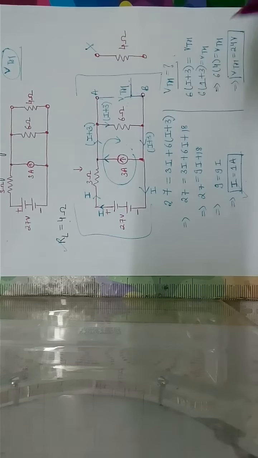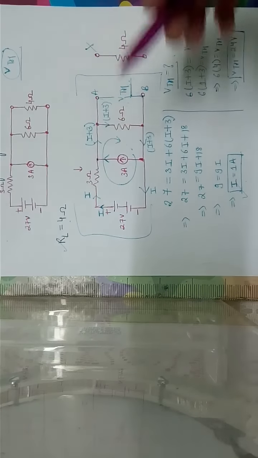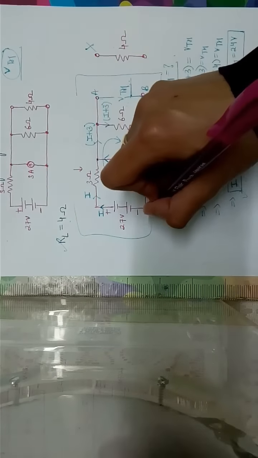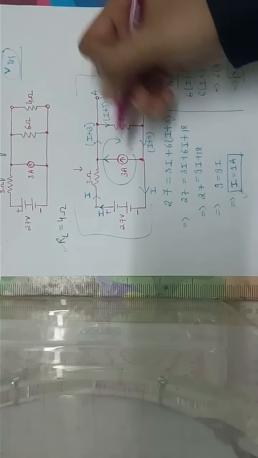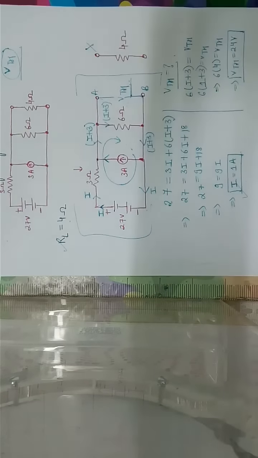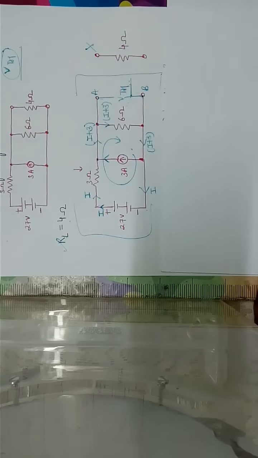We remove this, but this time when determining RTH, the Thevenin's resistance, it only takes into consideration the resistances which are present. That means we short the voltage source, and we change the current source into an open circuit. Fine. So the next circuit that we get is this.